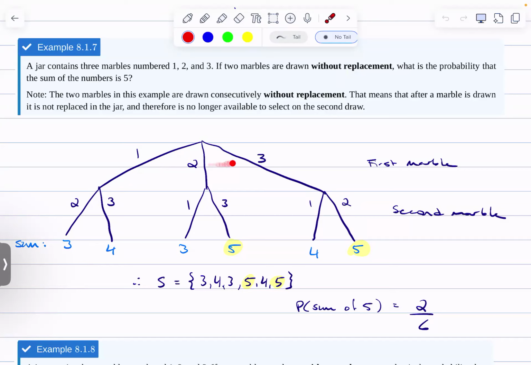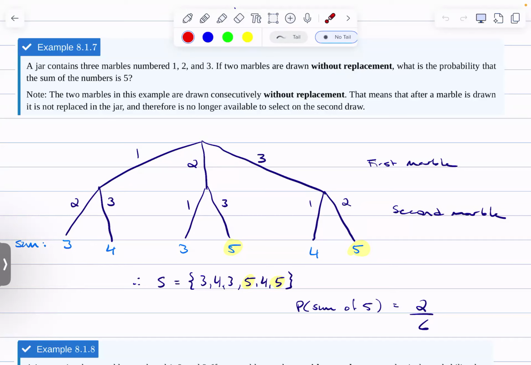For our first marble, we had 3 choices, 1, 2, or 3. Then we'd have 2 choices, but the choice would depend on the initial choice because we're drawing without replacement.